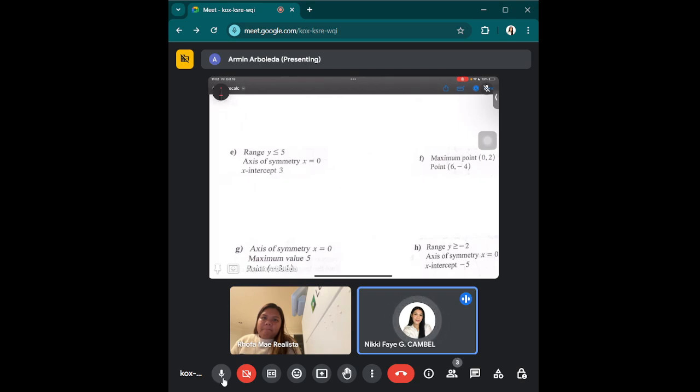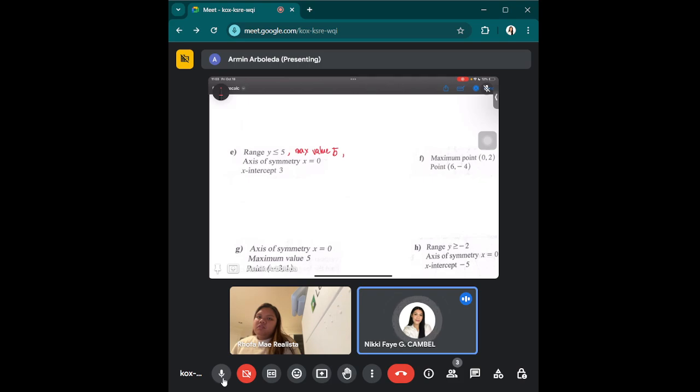Okay, so this one, you have the range. What is this range telling us? It's y less than or equal to 5. It's telling us the maximum value, which is 5.